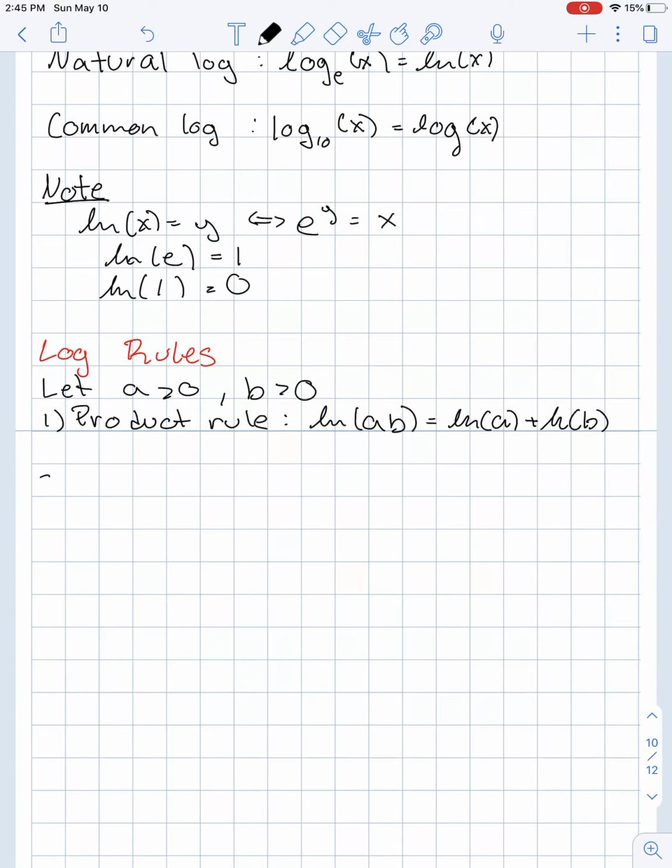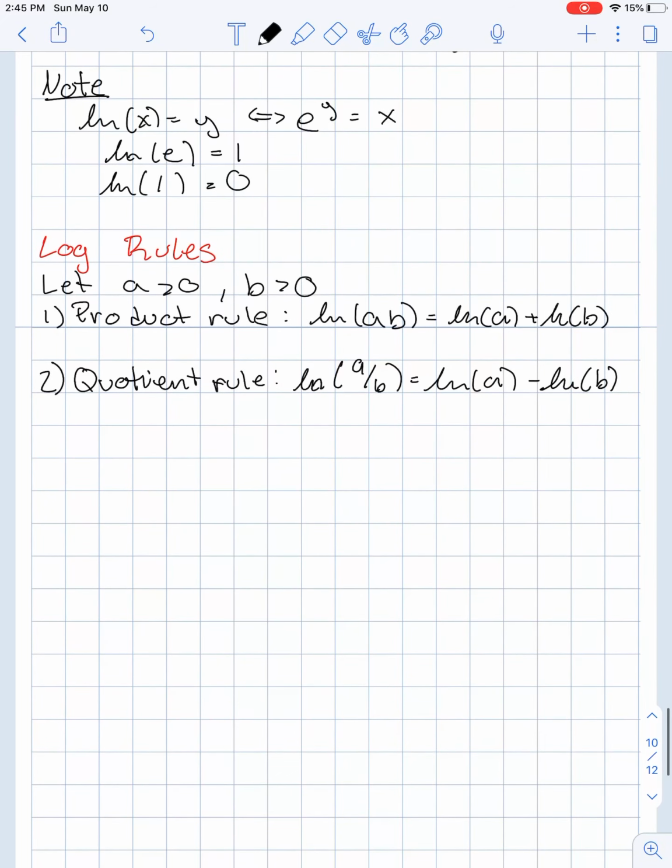It's called the product rule because a and b are being multiplied inside of ln. The next one is the quotient rule. So ln of a divided by b is going to be ln of a minus ln of b.